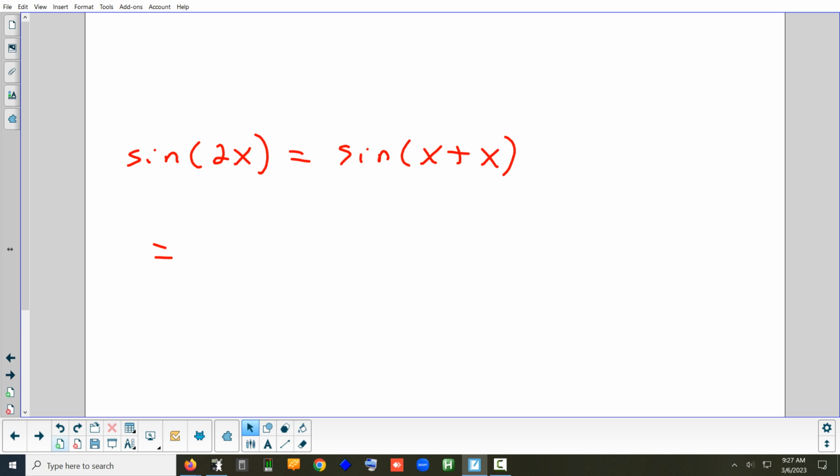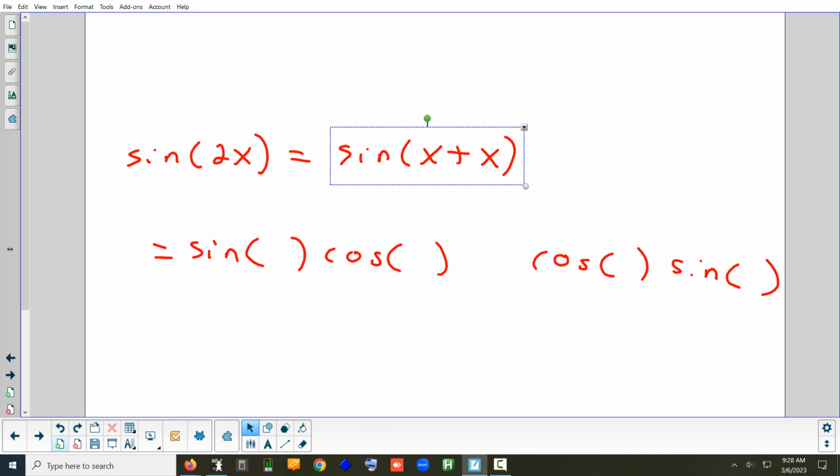Okay, when we do the sine formula, are the trig functions grouped together, or are they mixed? Mixed. Sine, cosine, cosine, sine. What symbol goes between them? Plus or minus? Plus.